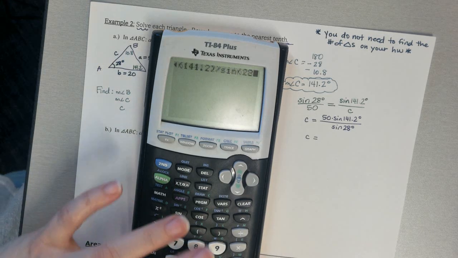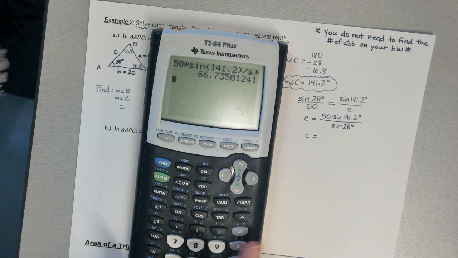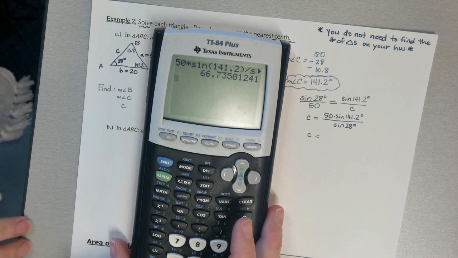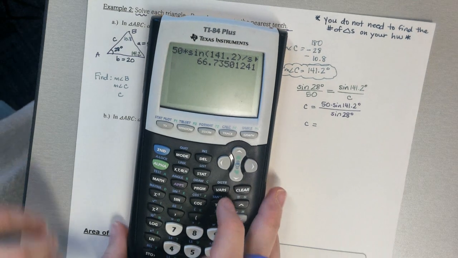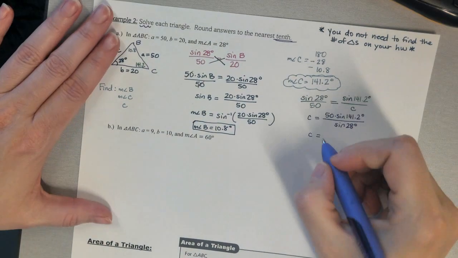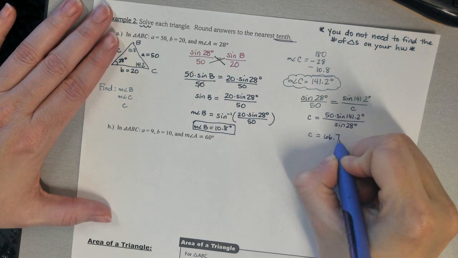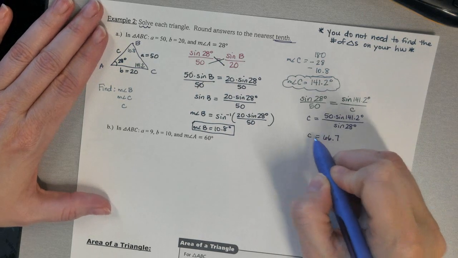Parentheses do matter there. Did you guys get 66.7? And that is not a degree, that is a side length.